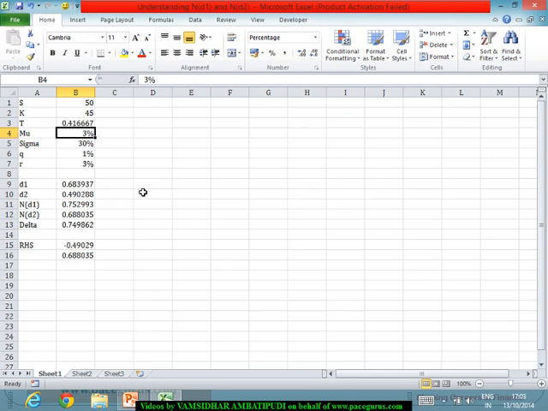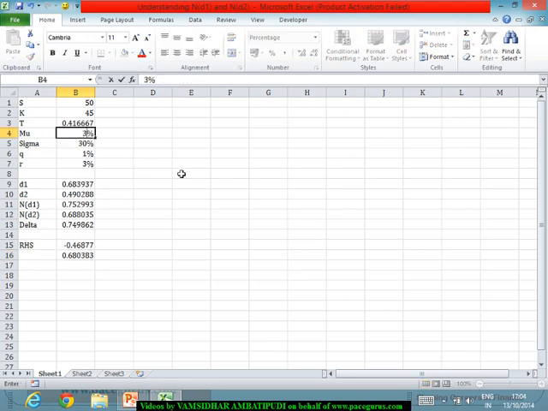But otherwise, let me just change this mu to 4%. What I'll find is N(d2) will still be 0.688, but the probability that the stock will close in the money is 69.56, higher. In case mu is lesser, I find that N(d2) is still the same, but the probability that the stock will close in the money is going to be much lesser.